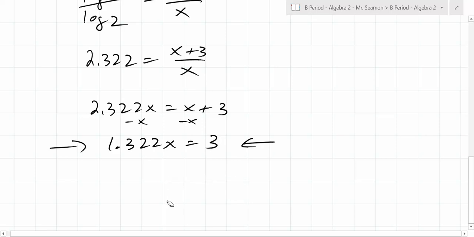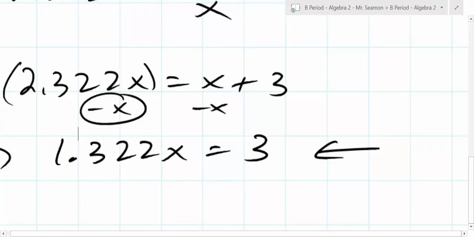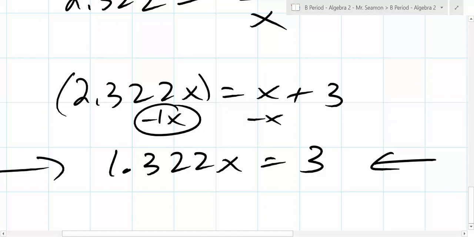Why did it turn into 1.3? Because 2.322 minus 1 is 1.322. You're doing 2.322x minus 1x. I'm taking x away from that. There's one of them, right?